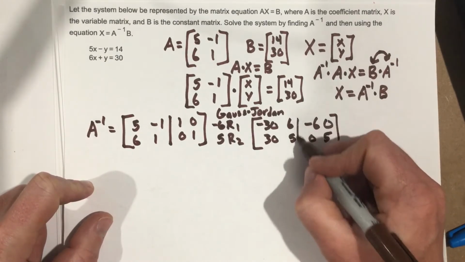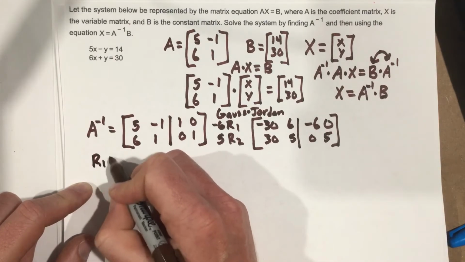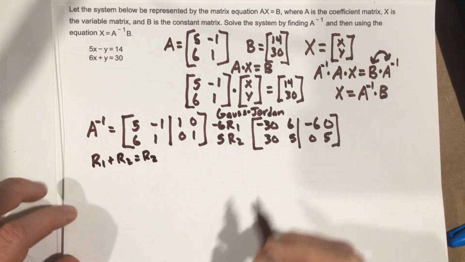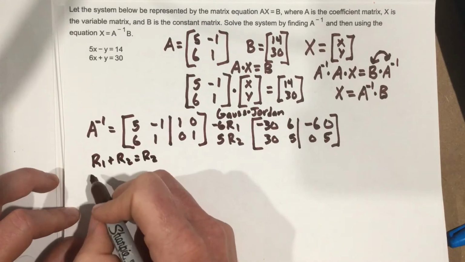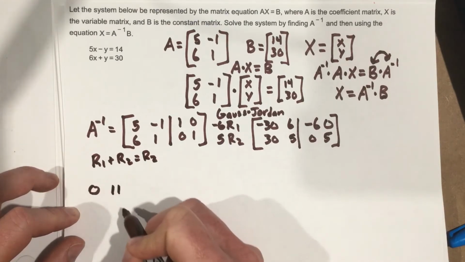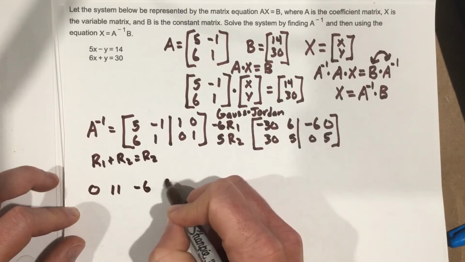I better put the line there. We're going to come down here. We're going to say row 1 plus row 2 equals row 2. So when we add those, we get 0, 11, -6, 5.